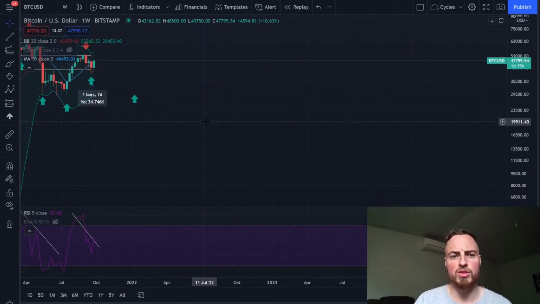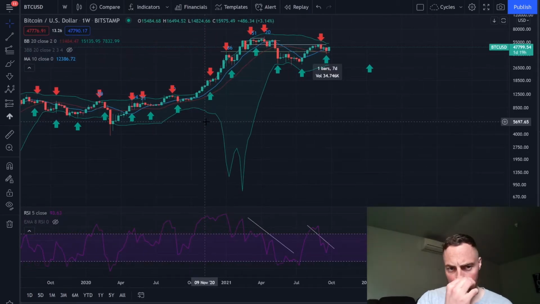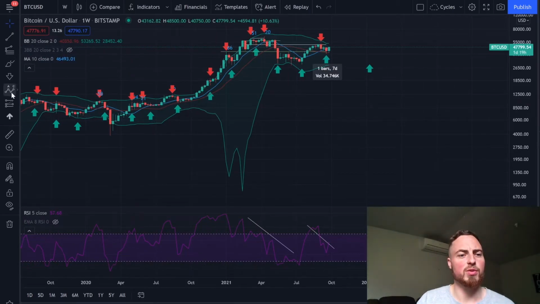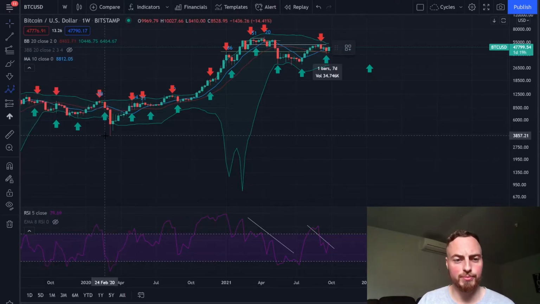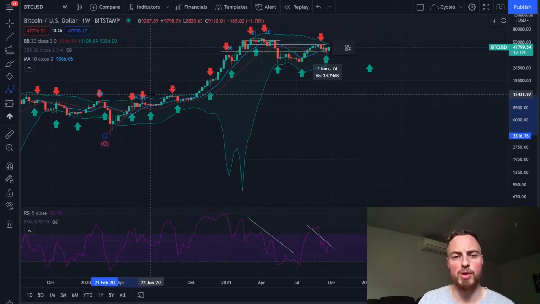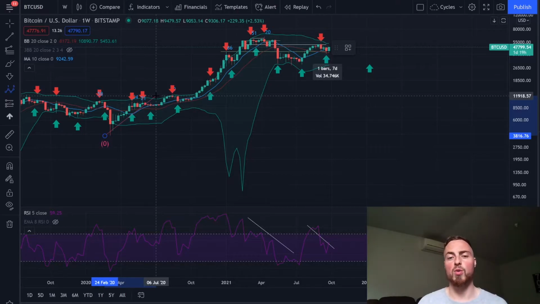All right, so what I'm looking at is if we go into Elliott Wave. I'm not a big Elliott Wave fan, but it is pretty popular. A lot of people use it. So Elliott Wave theory consists of 5 waves, 3 being impulsive waves, 2 being corrective waves.